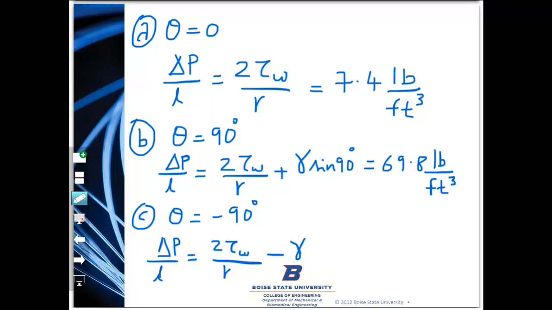And here sine 90 is 1, sine negative 90 is negative 1, so minus gamma. So we'll get this to be negative 55 pound per cubic feet. Okay, so this is how you accomplish this particular problem.